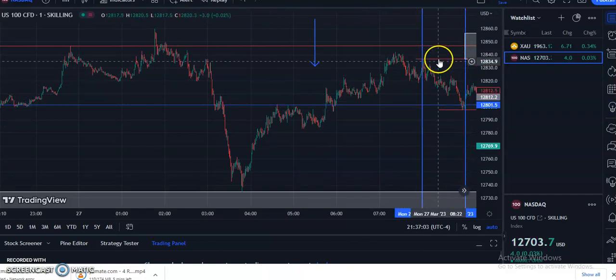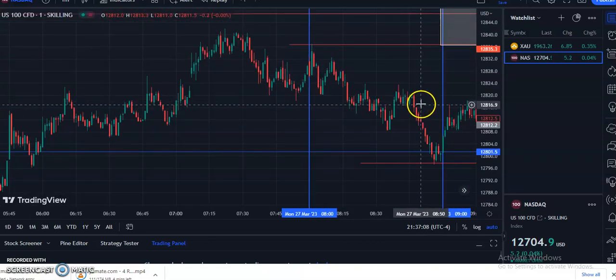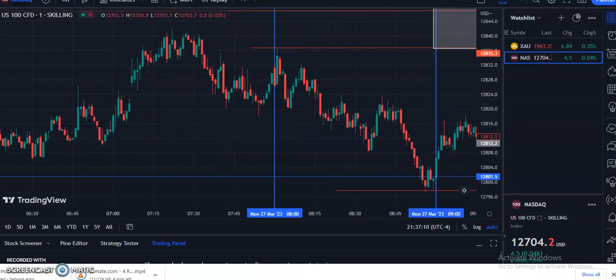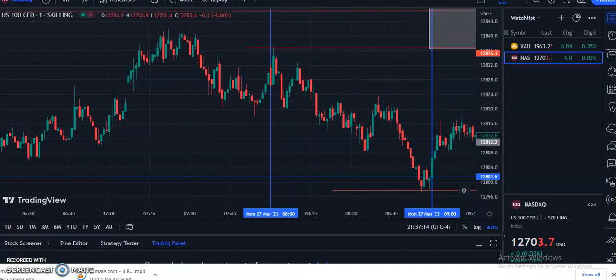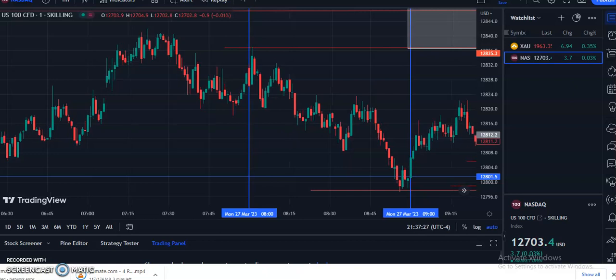The first hour sets the high and the low. So, with my bias in mind that we are going short, all I'm waiting for is in the second or the third hour for the market to give me a pump and dump setup to the high for me to ride that short.